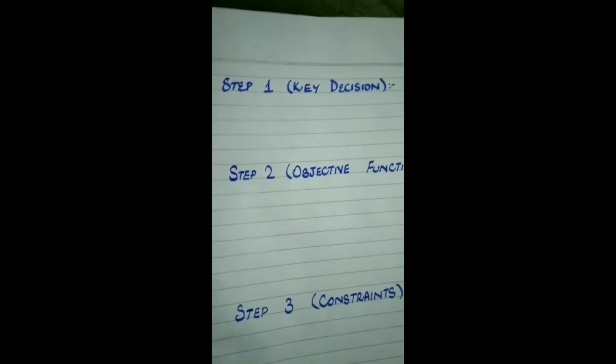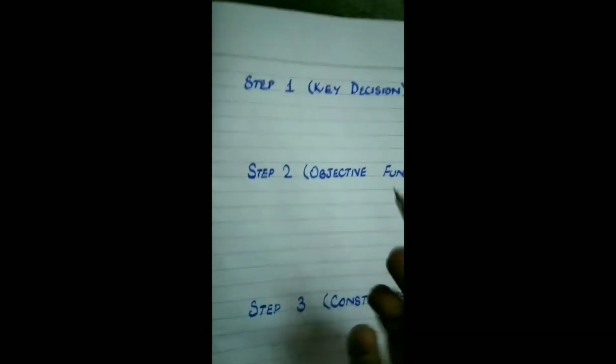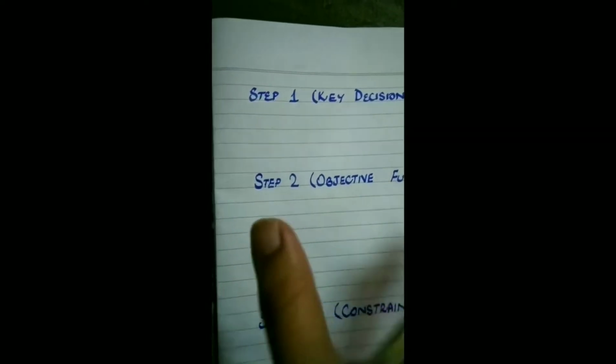So let's get started. As I told you before in the video, we have to remember the 3 steps to formulate an LP problem. The first step is key decision, second is objective function, and third is constraint. In step 1, what is the key decision? We have to decide the number of units of each product to be produced.